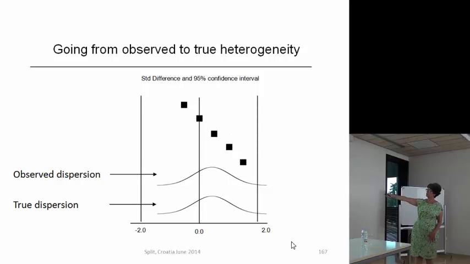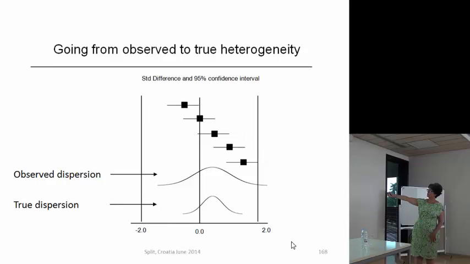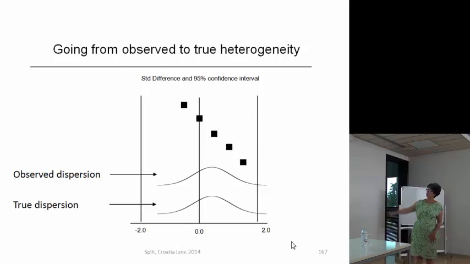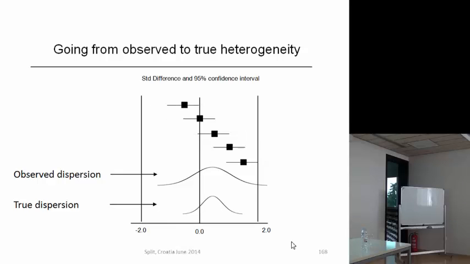So if we have very wide confidence intervals, most of the observed dispersion is going to be attributed to sampling error variation.